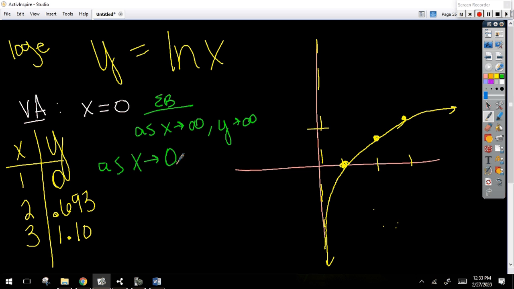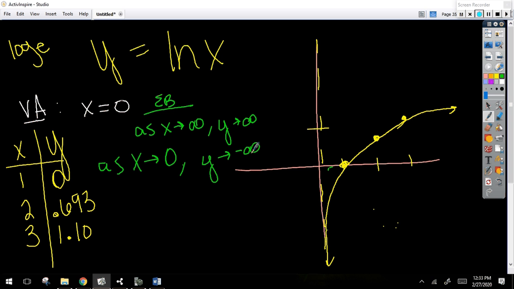So as x gets close to 0, the graph goes down really fast. The closer you come over here to 0, the further down the graph is. So y goes to negative infinity. It looks a little bit different than what you're used to seeing, and that's just because the graph is on its side. It's the inverse of what you're used to seeing.